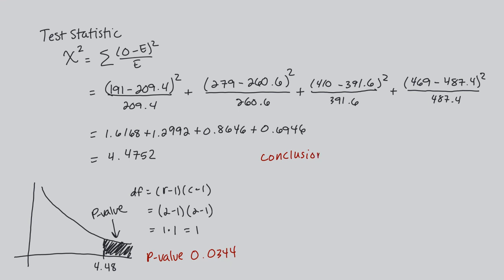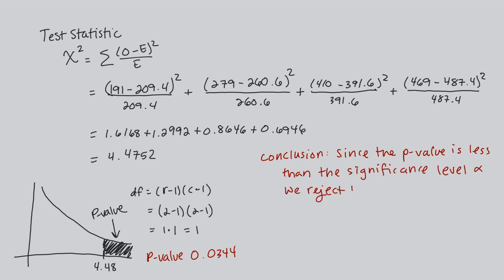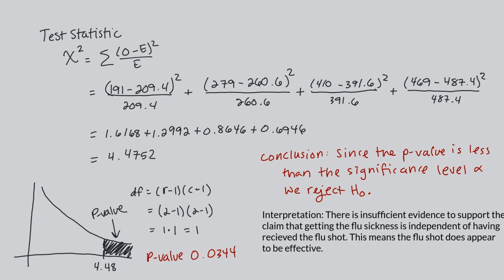So now we come to our conclusion. Our hypothesis test was done at the 0.05 significance level, and our p-value of 0.0344 is less than our significance level alpha. So therefore, we reject the null hypothesis. By rejecting the null hypothesis, we're rejecting independence.